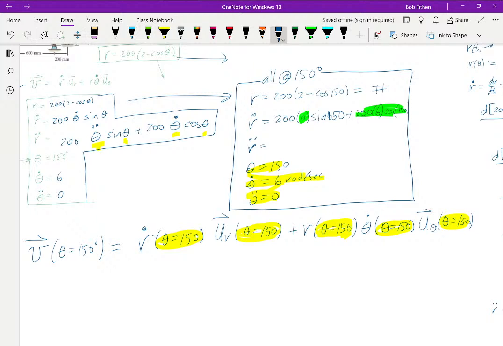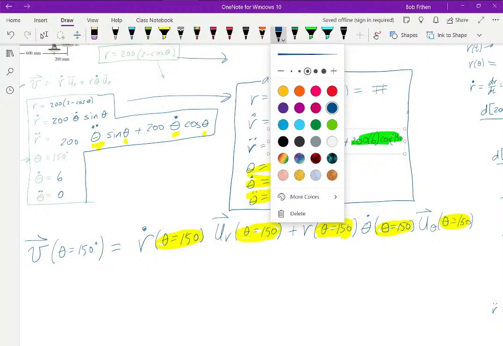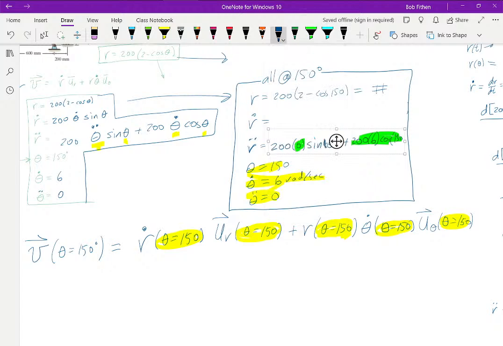Then you come back to r double dot. I'm sorry, that was r double dot. Now you come back to r dot, which is this term, and that's 200 times theta dot, which is 6 times the sine of 150.